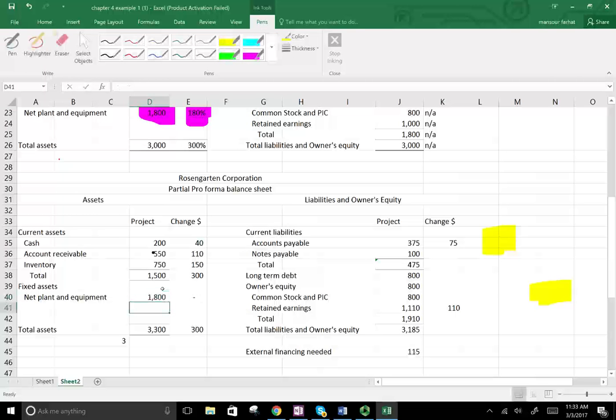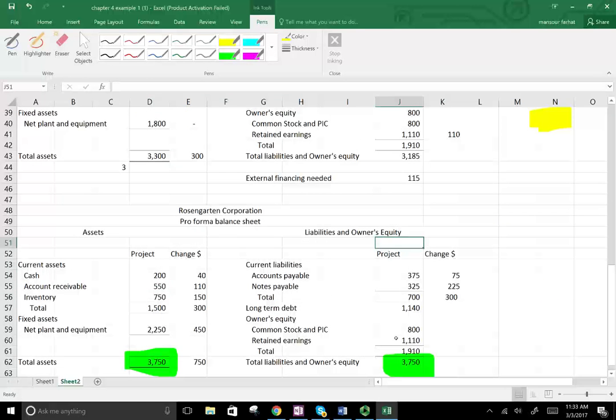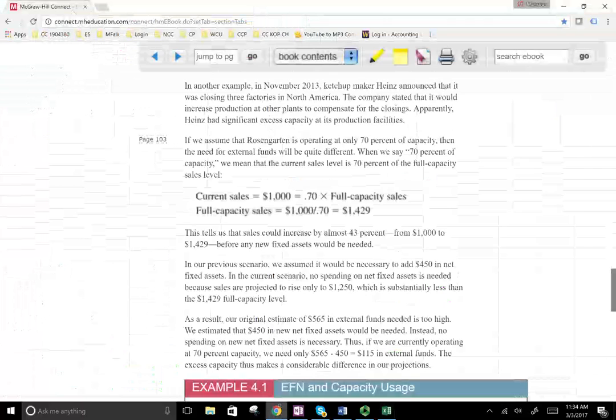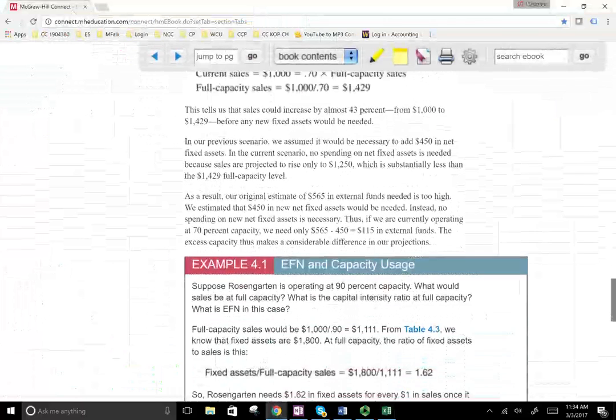At 1,800, I only need financing of 115. Then I will just have to increase maybe my notes payable, or a combination of notes and long term, or just long term, or just short term. It is my option to do this.